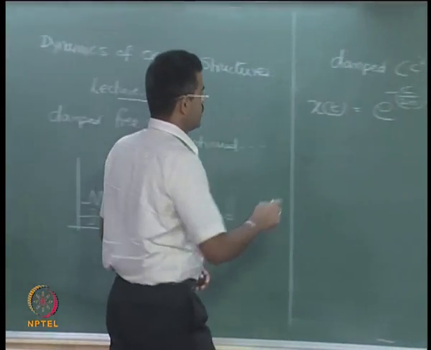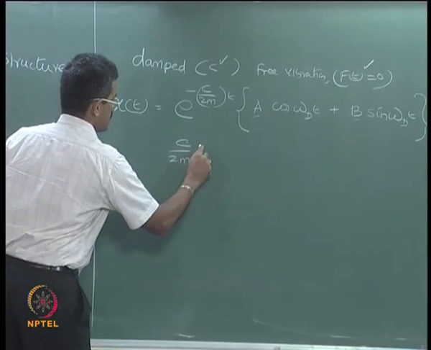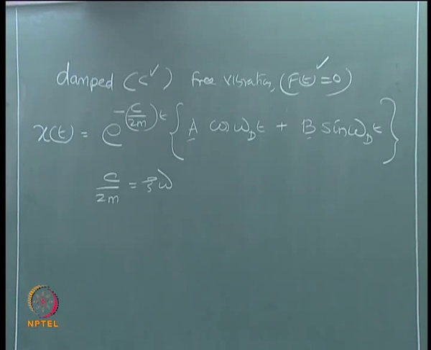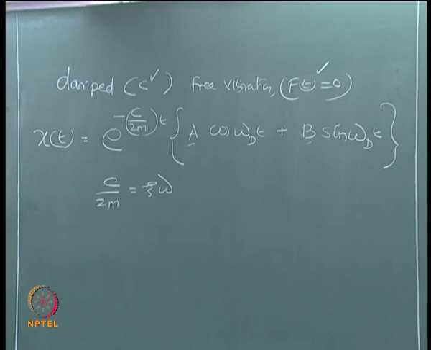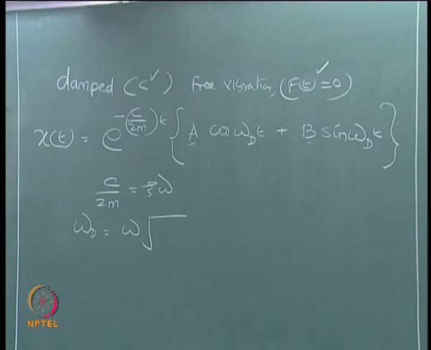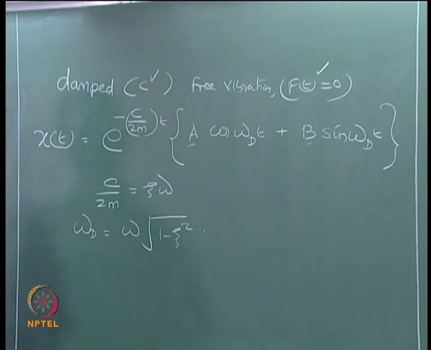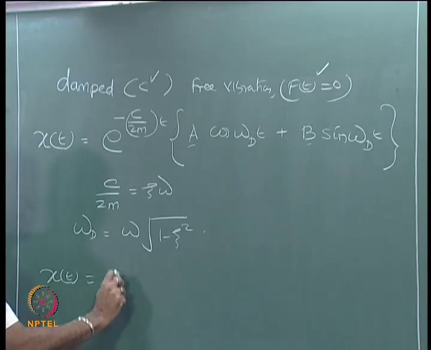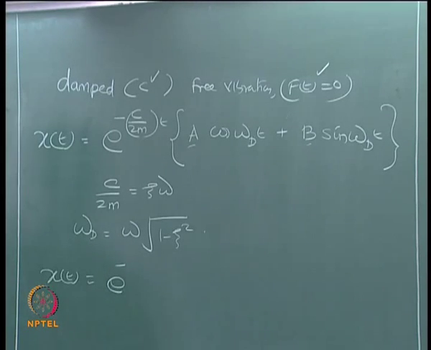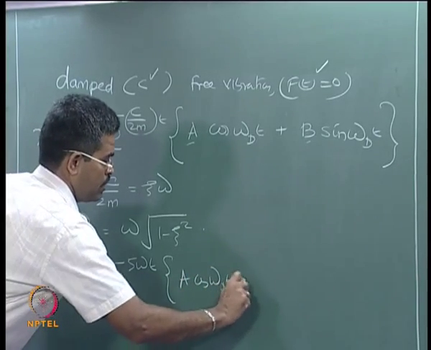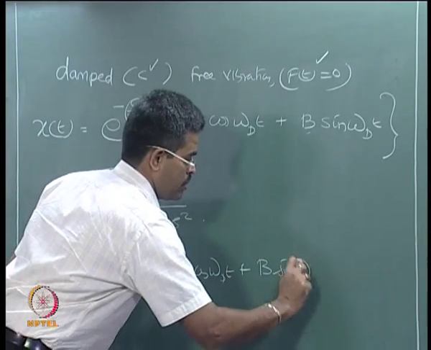and I already know that c by 2m can be expressed as zeta omega, where zeta is the damping ratio, and of course omega d is given by omega root of 1 minus zeta square. So I can rewrite this expression as e to the power of minus zeta omega t of a cos omega dt plus b sin omega dt.